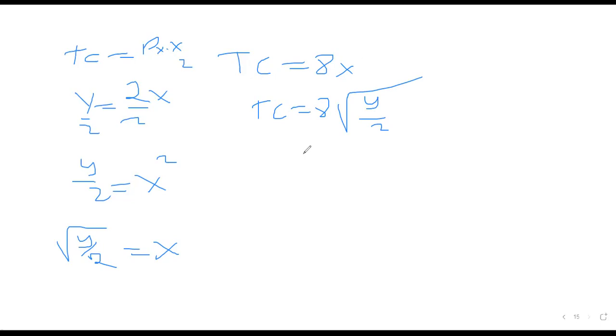Are we together so far? Yes, sir. So if you want, you can expand this total cost. It's the same as 8 times root y over root 2.